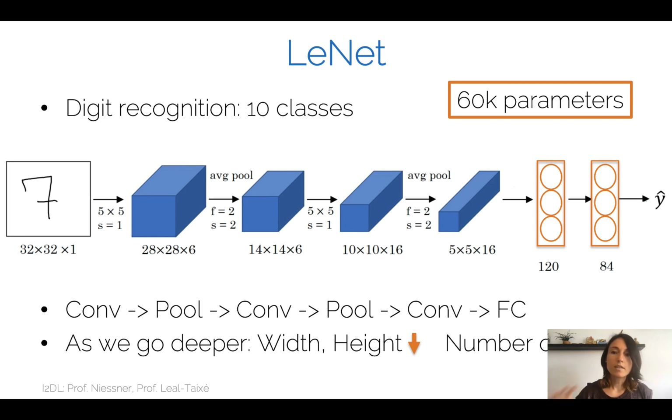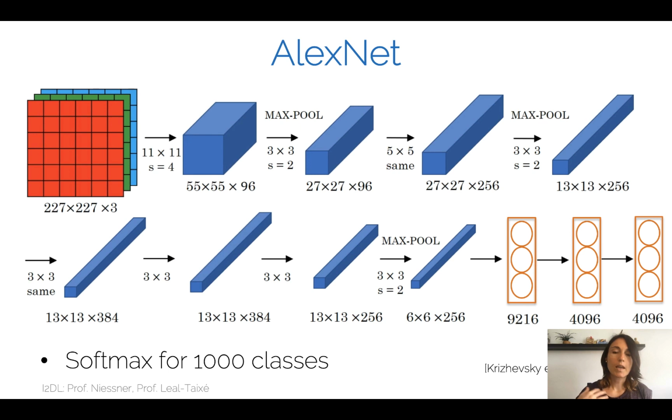And we saw how this small network with just 60,000 parameters can be evolved into, for example, AlexNet, which was the classic architecture that was used to beat the results on image classification on the ImageNet challenge.